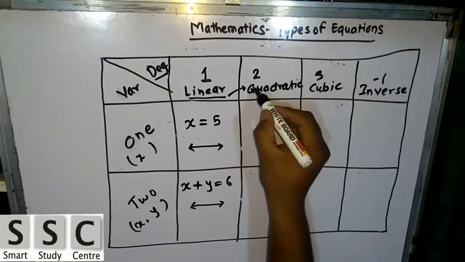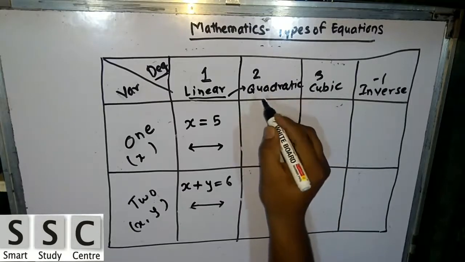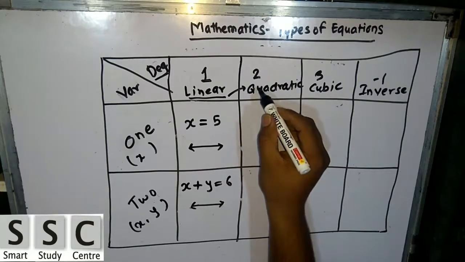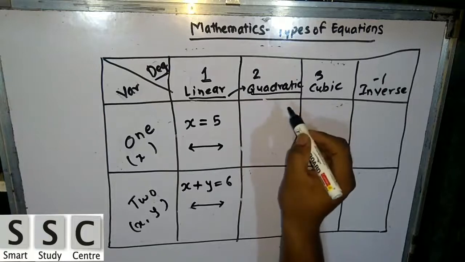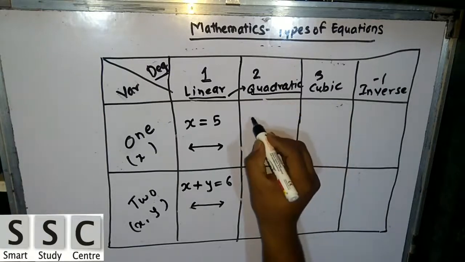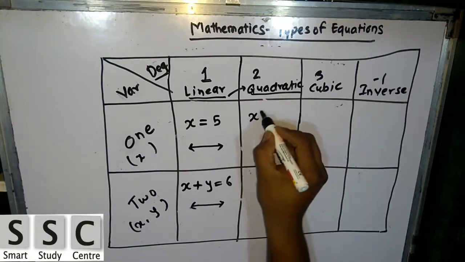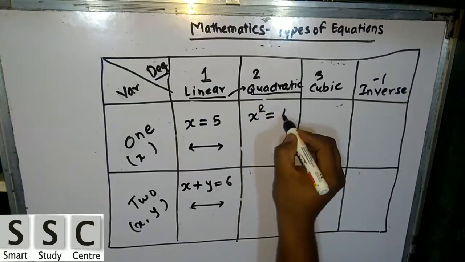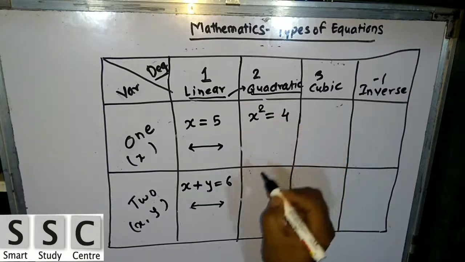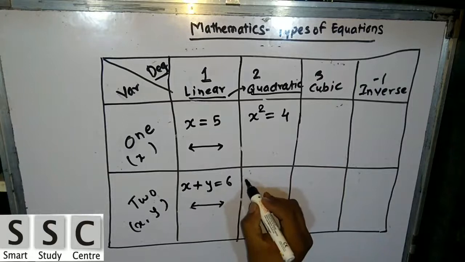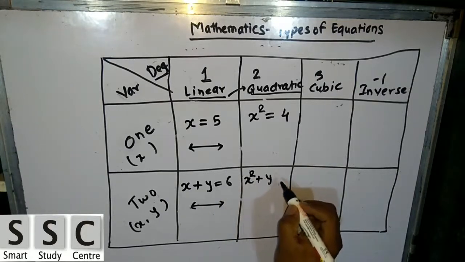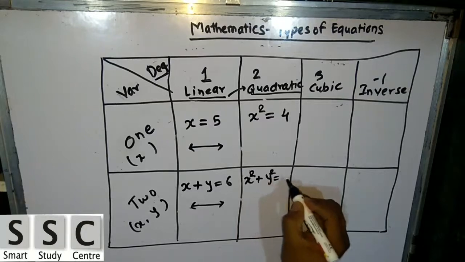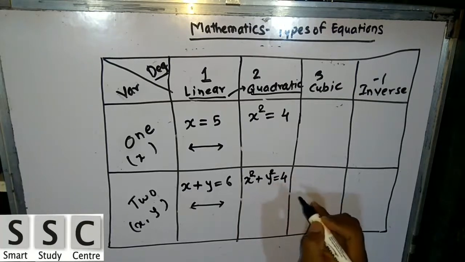Let us go ahead. In equations, if the variable has degree 2, or we can say if the power is 2, then the equation is called a quadratic equation, which may look like, in one variable, x square is equal to 4, and in two variables it may look like x square plus y square is equal to 4.